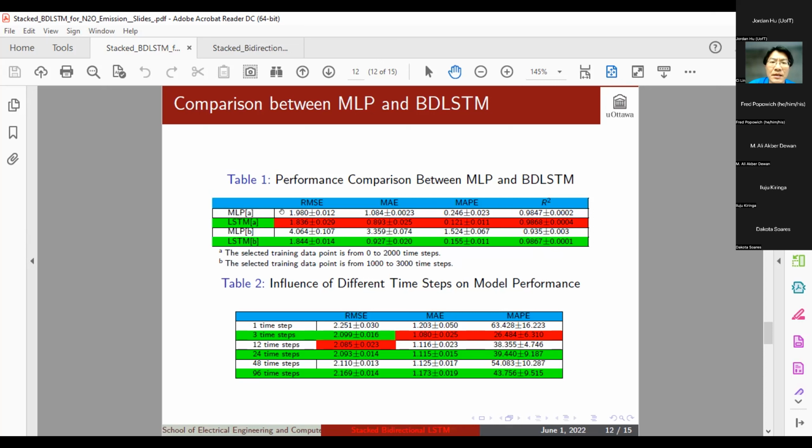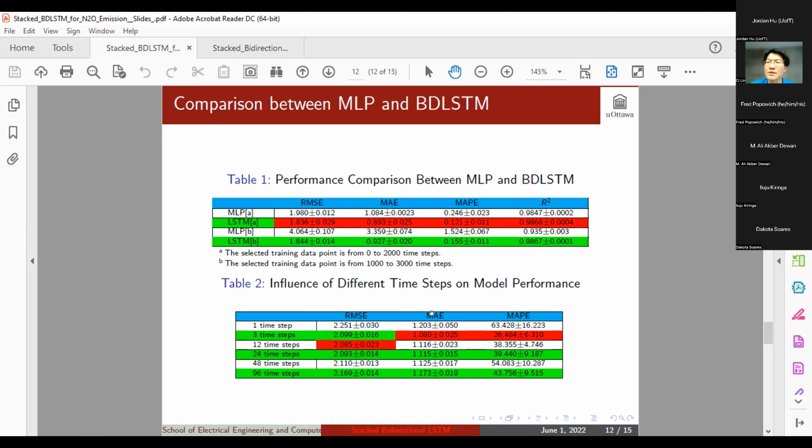But for the MLP, it gets a larger value in the RMSE metric. Then for the MAE, the value we get is 0.0893 plus minus 0.025. But for the MLP, it has a larger value, right? So we can see that for all major metrics, our LSTM outperforms the MLP.